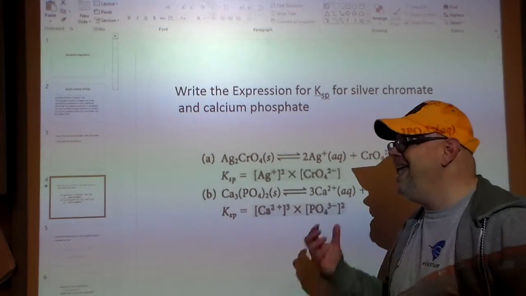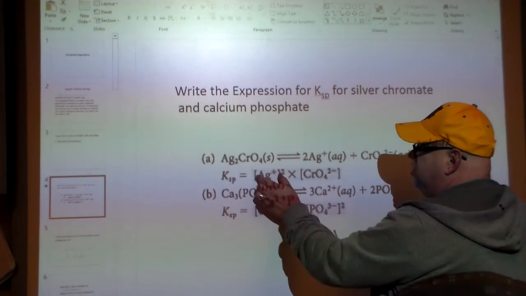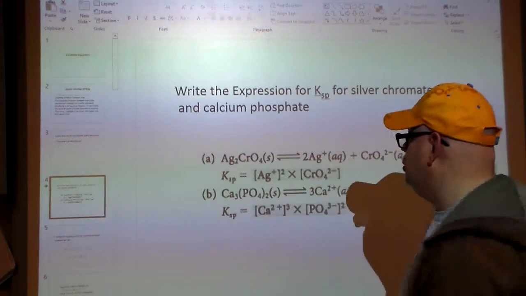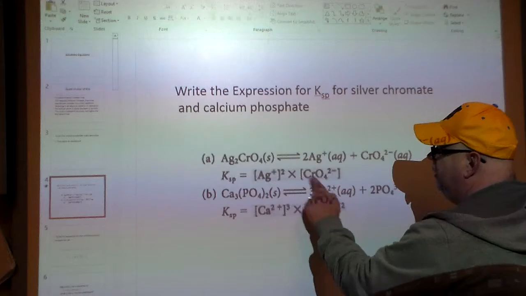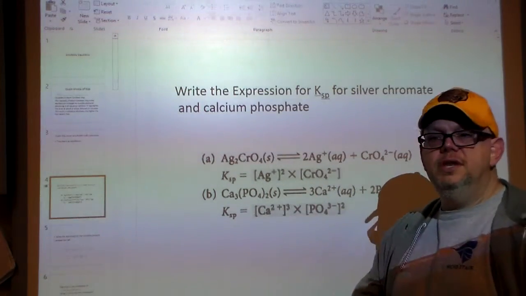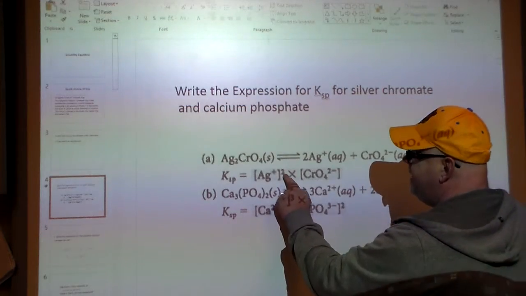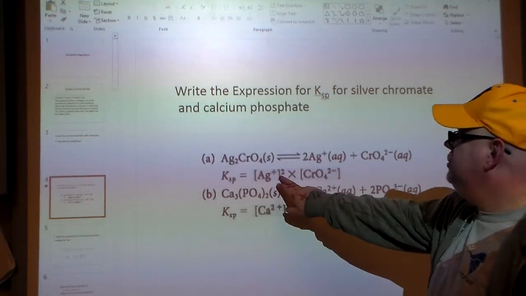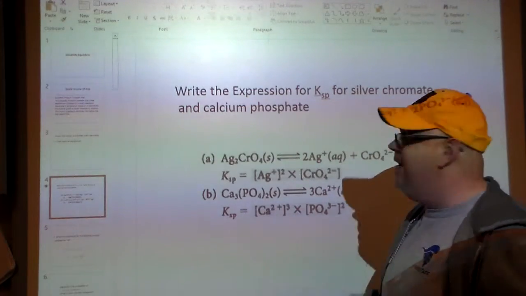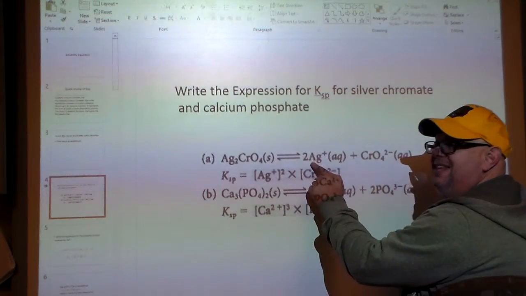So when we look at the Ksp, we look at the concentrations, because in equilibrium, it's all about the concentrations. Here's silver, here's the chromate, and you multiply them together, just like we did in the previous chapter. The Ag is squared because we've got 2 of these.